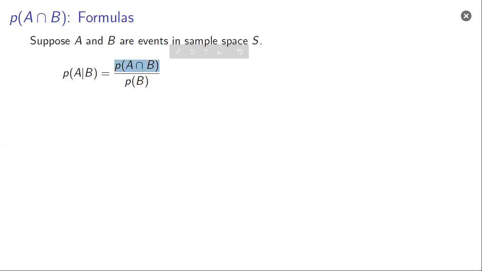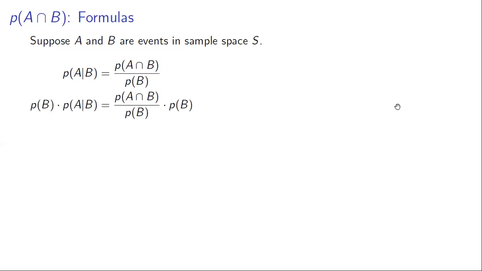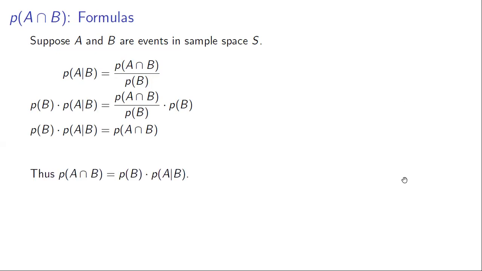The way to isolate it is to multiply both sides by the probability of B, and that would allow us to cancel this and this, right? And so that gives us the probability of B times the probability of A given B is equal to the probability of A intersected with B. So we have a formula now. The probability of A intersected with B is equal to the probability of B times the probability of A given B.